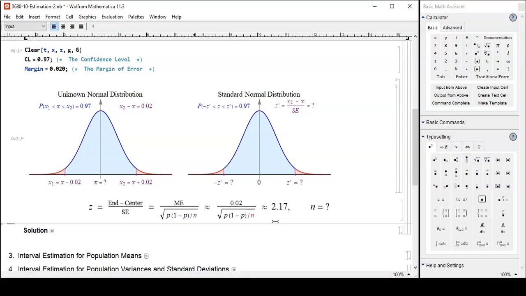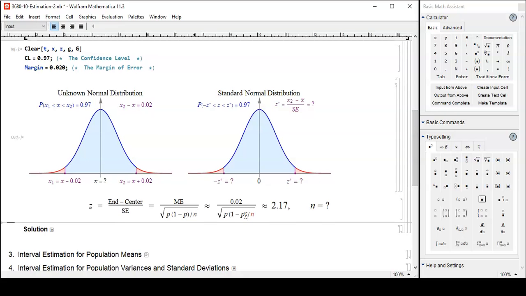Now, what is the maximum error? Is it really 1/2? Well, look at this expression, p(1 minus p). That's a quadratic expression, isn't it?